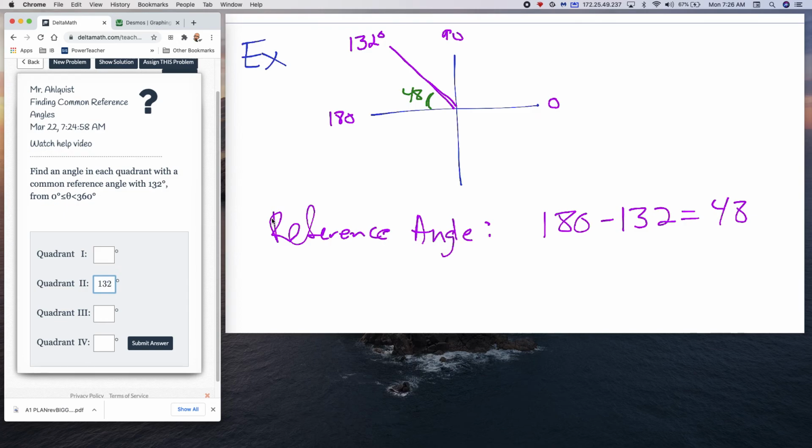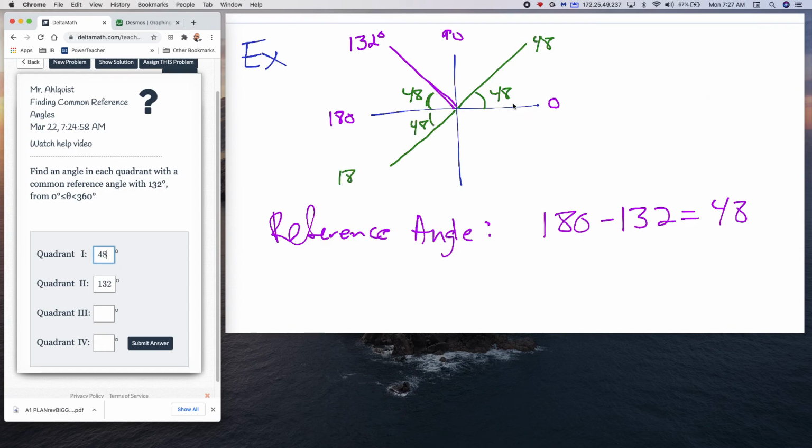Well, that reference angle, if you think about it, in the first quadrant, that's 48. So in quadrant 1, the reference angle actually is the angle because all the angles in the first quadrant are going to be acute.